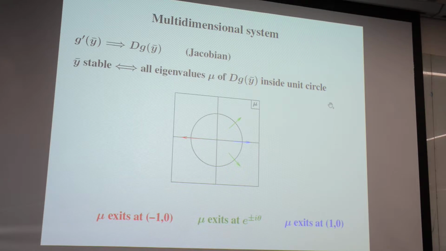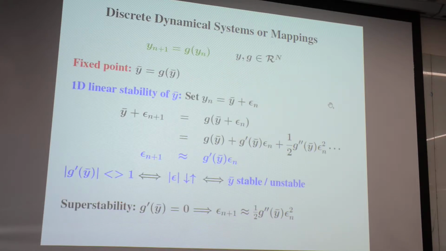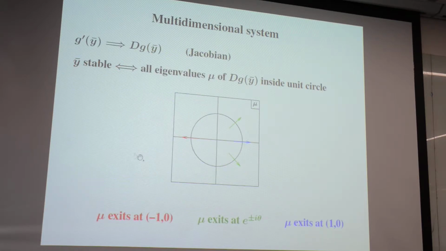So now, we're going through the same thing that we did for the first class in dynamical systems, but for the discrete ones. When we lose stability, there'll be bifurcations when you have a transition between g prime of y bar equal to 1 in absolute value and not equal to 1. So they're crossing, but now we're looking at absolute value as they cross. Before we were just looking at a sign change, greater than 0, less than 0.